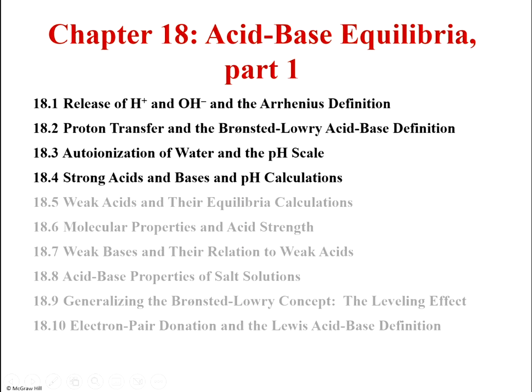We'll look at the pH scale in water and autoionization, and we'll finish up with strong acid and base calculations for aqueous solutions. In our next video, then, we'll look at weak acids and bases, more complex equilibrium, and finish up with the most broad of the classifications that we will look at, the Lewis acid-base definition.